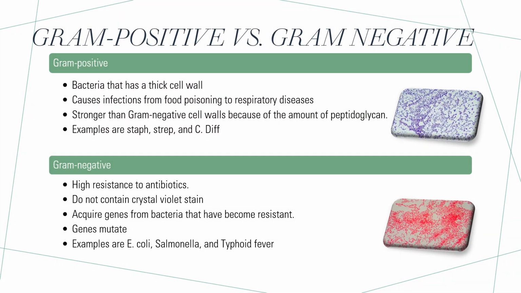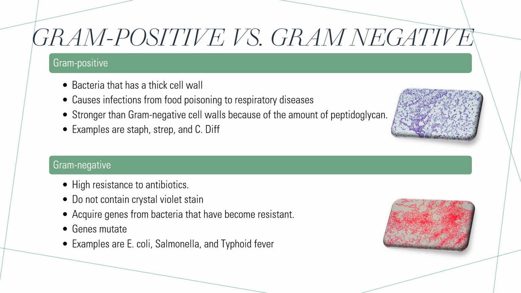Next, we'll talk about gram-positive and gram-negative bacteria. So the gram-positive bacteria, they have a thick cell wall. They can cause infections ranging from food poisoning all the way up to respiratory diseases. These are typically stronger than gram-negative cell walls because of the amount of peptidoglycan in the cell walls.